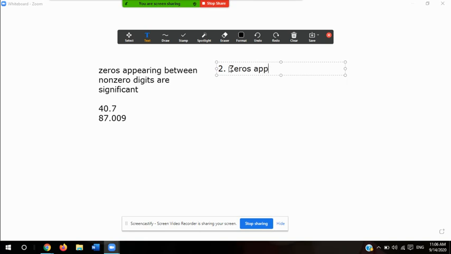Zeros appearing in front of all non-zero digits are not significant. And what that means is that all zeros to the left are not significant.